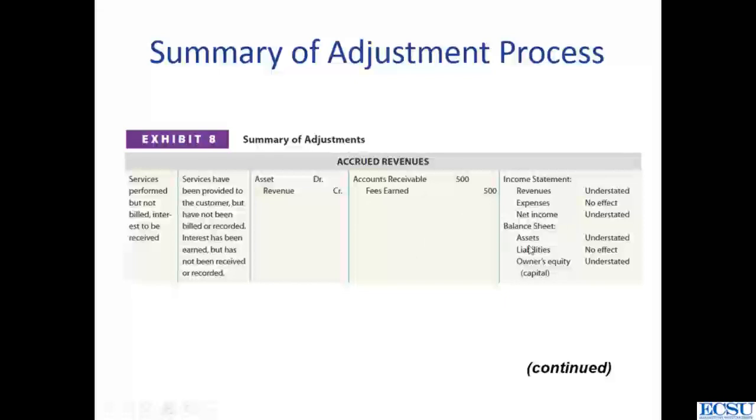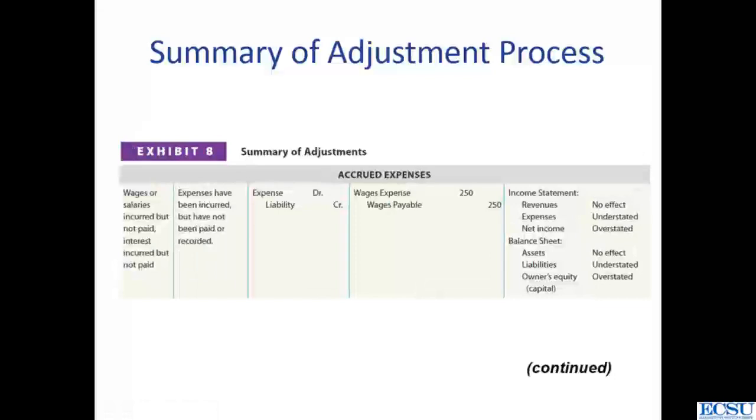In the balance sheet, the asset account would be understated because you won't be debiting to the asset account. If you don't debit, then you'll be having less of the assets rather than what you're actually supposed to have. And owner's equity is directly related to the net income, therefore, it is going to be understated.